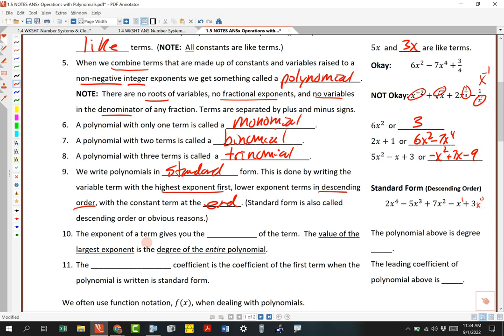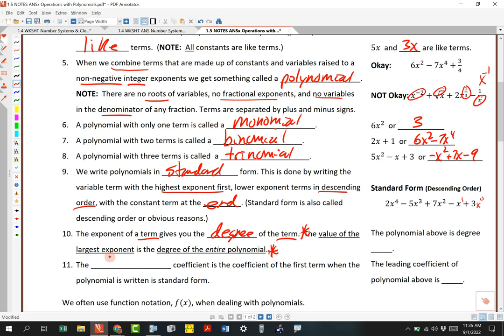Okay, the exponent of a term gives you the degree. So would you write the degree of the term? And then would you put a star by the next one? So each term will have a degree, and the polynomial has a degree, and the degree of the polynomial is whatever the highest exponent is.